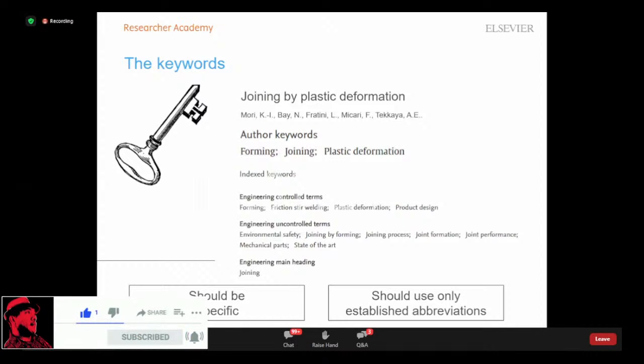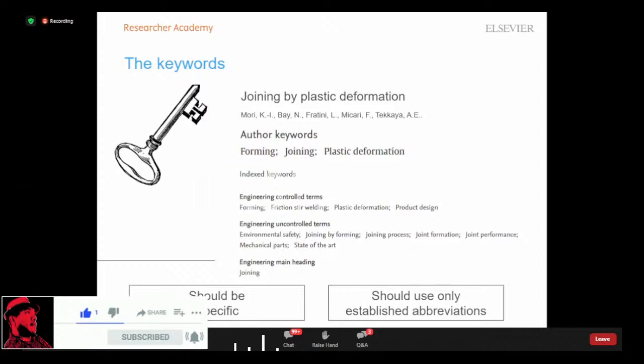It's also important to only use abbreviations that are very, very well established, such as DNA, but do not use abbreviations that are not very well known, because that can lead to confusion.